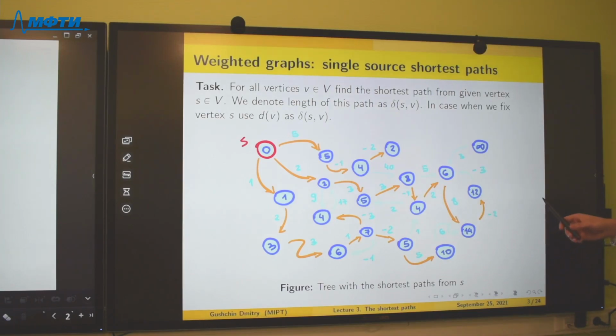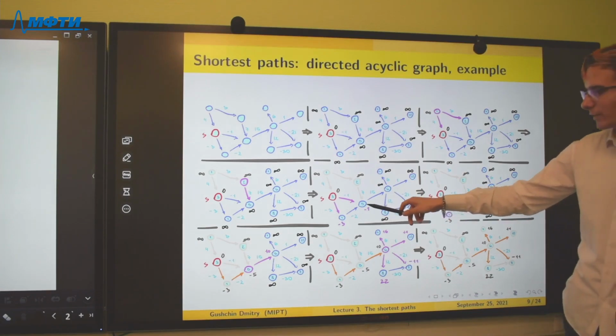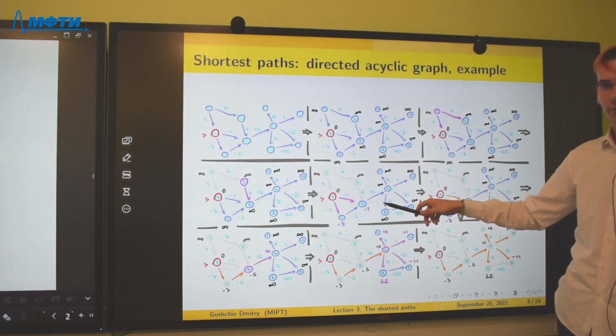So in this step we say that we need to relax the fourth vertex and the edge that connects the fourth and fifth vertex. So we see that -3 plus -2 is equal to -5 and smaller than -1 that we have.